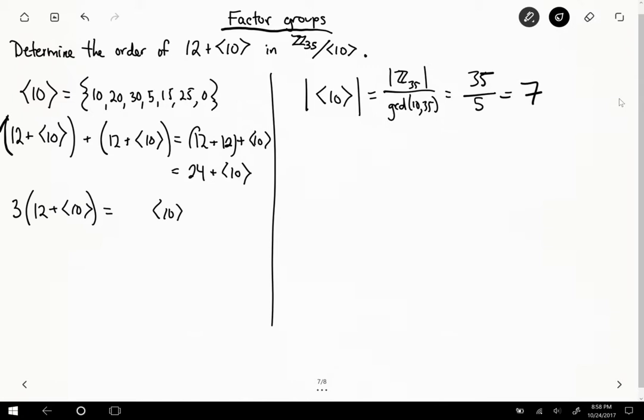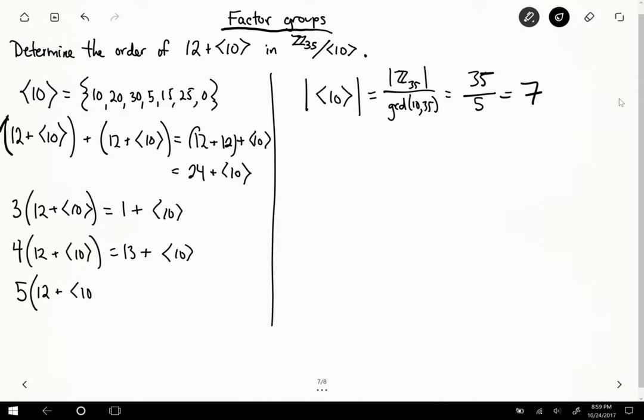This becomes 36, but when you reduce mod 35, you get 1, and so we're back there. Now, if you do 4 times 12 plus 10, once again we have that 10 right there, and you can just add another 12 to this, or do 48, which reduces to 13 plus our cyclic group generated by 10.